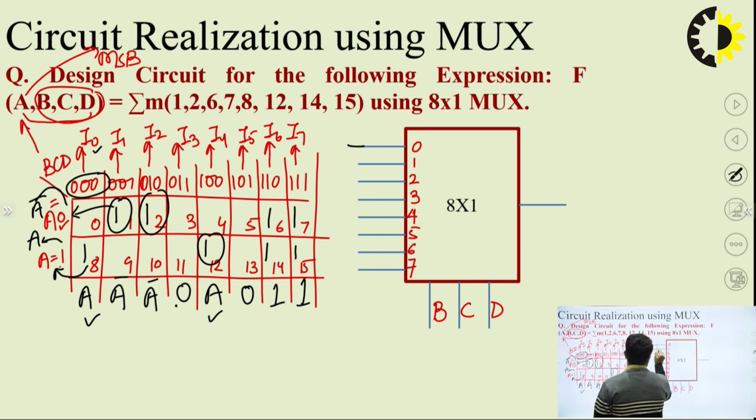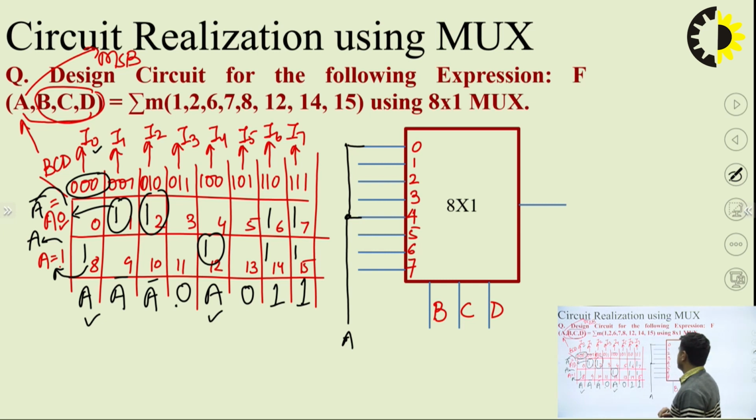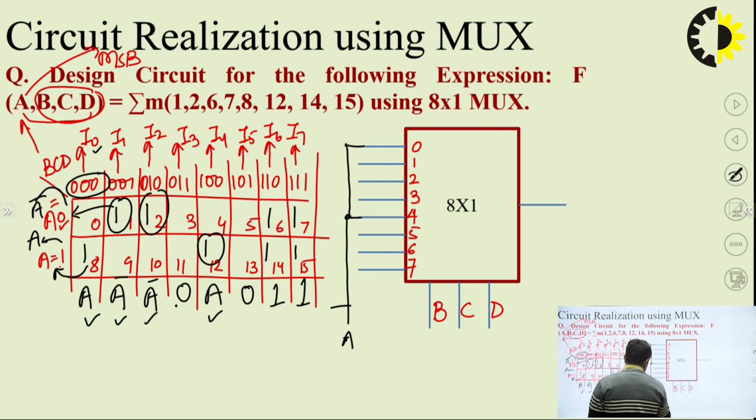So 0 and 4 are connected to A. Similarly, A bar is to be connected with here, I1 and I2. So if I place a NOT gate here, and connect it to I1 and I2.